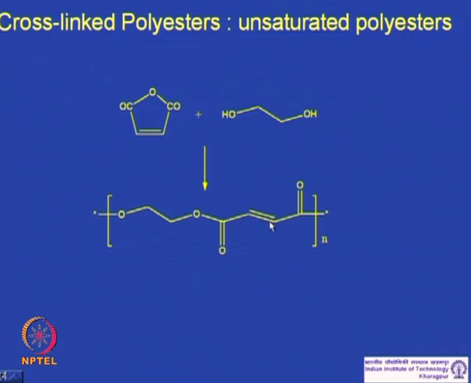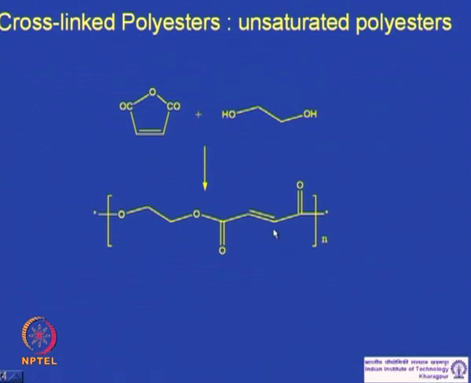Now, these double bonds are available to react radically or by some other chain polymerization mechanism by themselves, or you can add other monomers like styrene or MMA, methyl methacrylate, and then copolymerize and form a cross link.